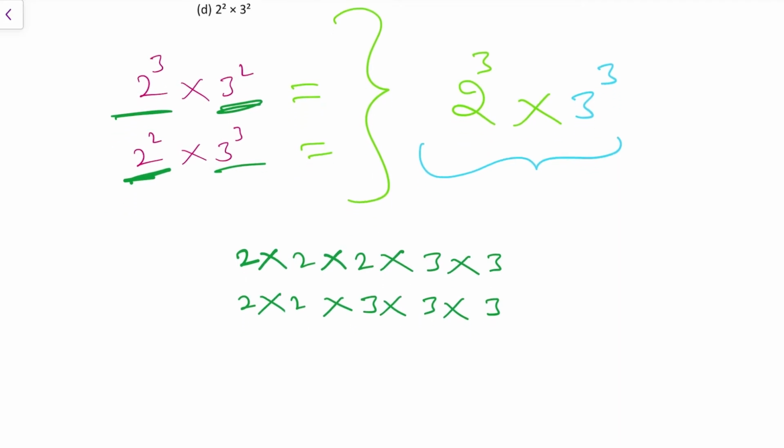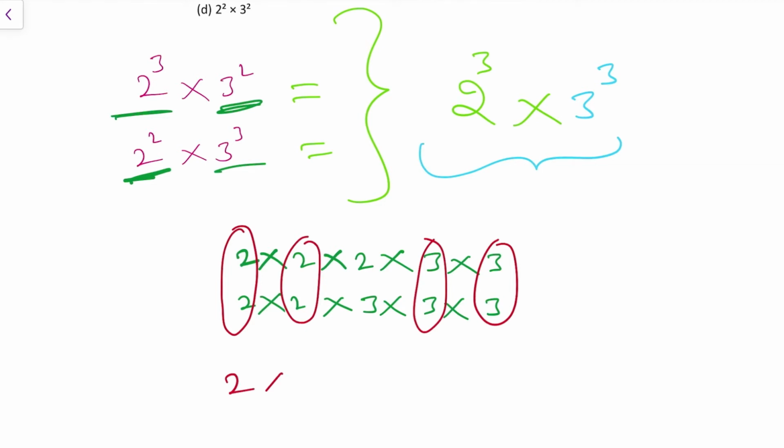Now first write whatever is common. Here 2 is common, here 2 is common, here 3 is common, here 3 is common. So first write those: 2 into 2 into 3 into 3. Now whatever extra numbers are there, we need to write all those also. Here 2 is extra, so into 2. Here 3 is extra, into 3.